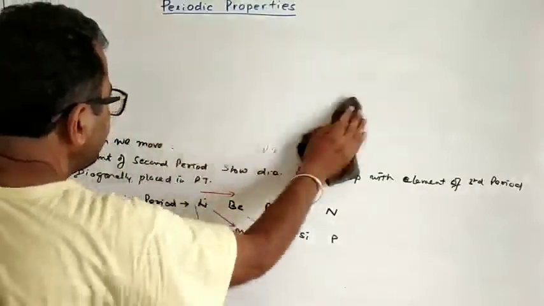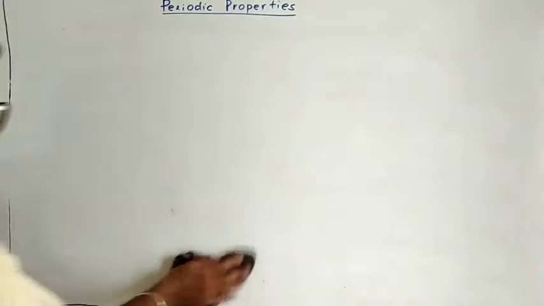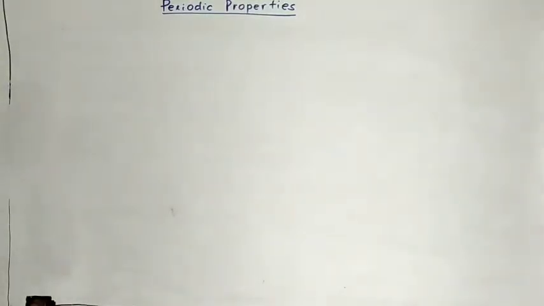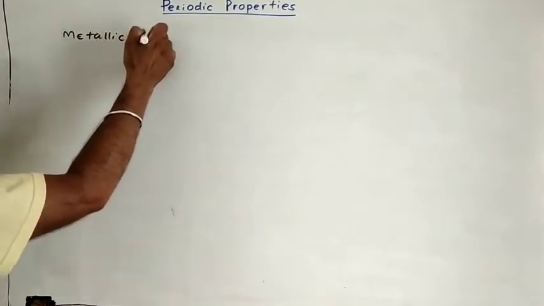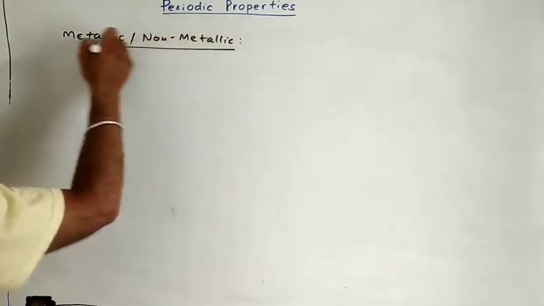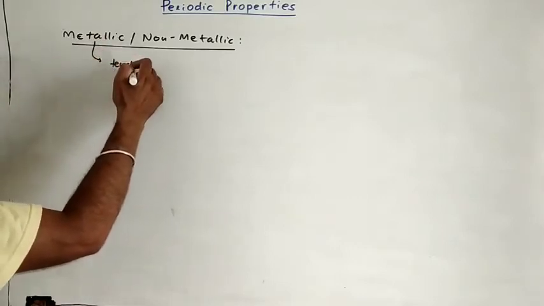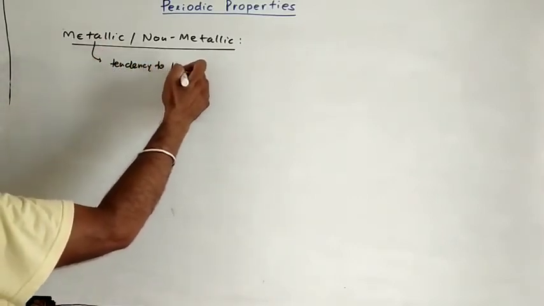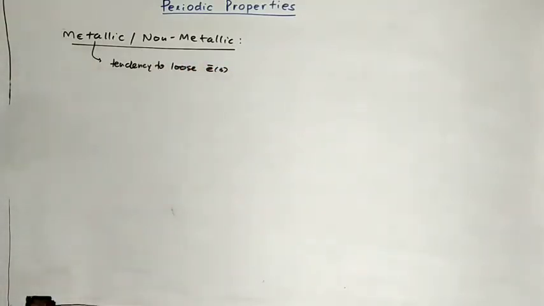Third is metallic and non-metallic character. Metallic means tendency to lose electron, one or more than one. Elements which we call metals are electropositive in nature.